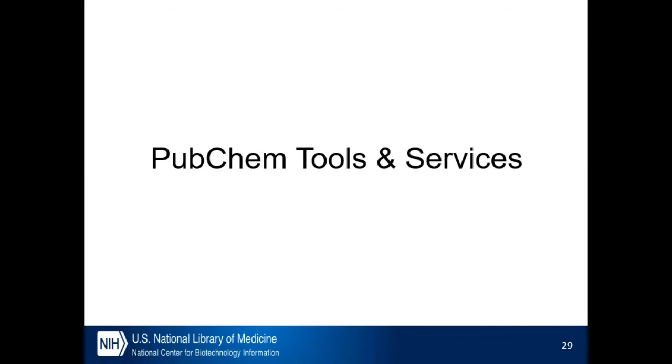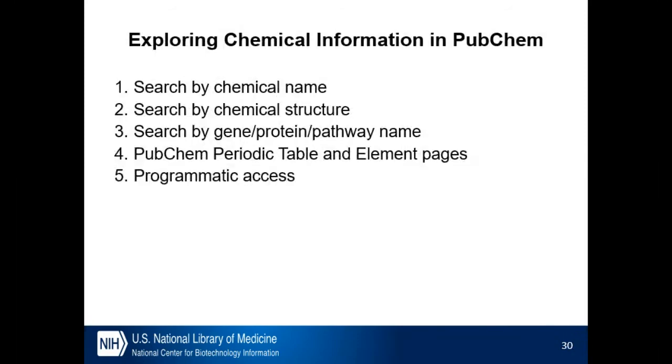Now let me introduce you to some PubChem tools and services. There are many things that students can do with PubChem, but in the interest of time, I will cover only a few examples here.